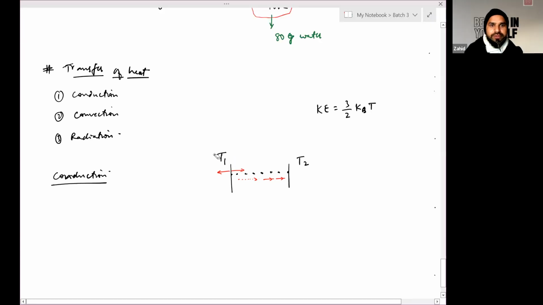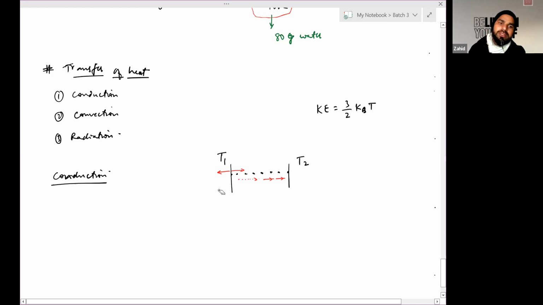Suppose you raise the temperature of this particular end. On raising temperature, the thermal kinetic energy of particles of this end may get increased related to this formula. So on increasing kinetic energy, they will tend to vibrate up to more distance, and hence they will collide with their neighboring particle.